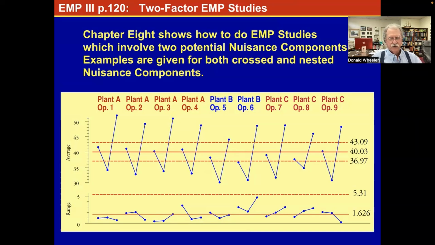Nested nuisance components occur, as in the example here, where you might have 3 plants and each plant has its own measuring device, and you have operators inside each plant that use the device in that plant. So operators are nested in plant. And we can compare operators within each plant, and we compare the instruments by comparing the plants. So how to carry out this kind of analysis is illustrated in Chapter 8.